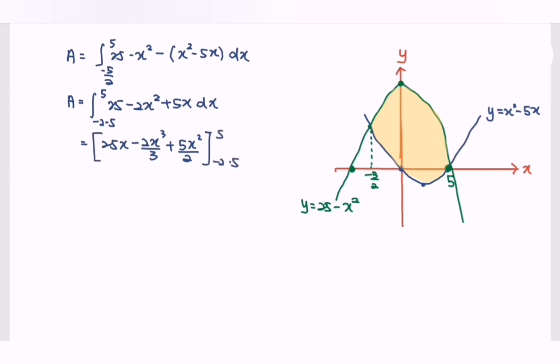Next, substitute, and we obtain the area 625 over 6 minus, substituting negative 2.5, negative 875 over 24. So finally, the area would be 1125 over 8 unit squared. So here we are, and thanks for watching.